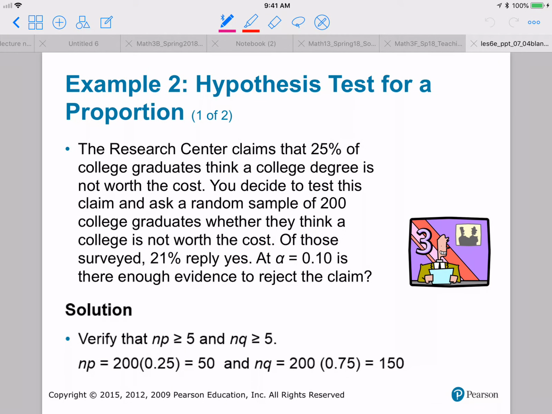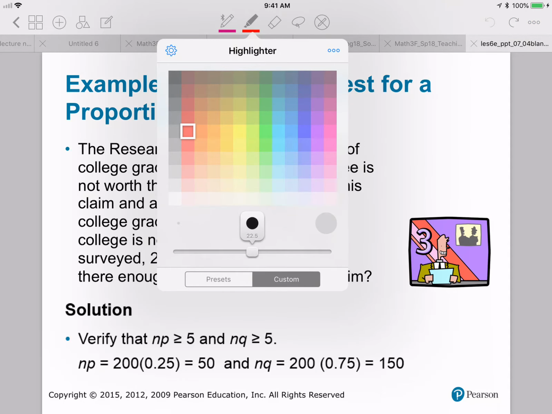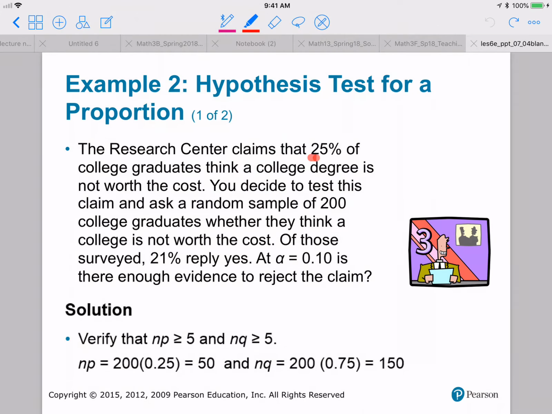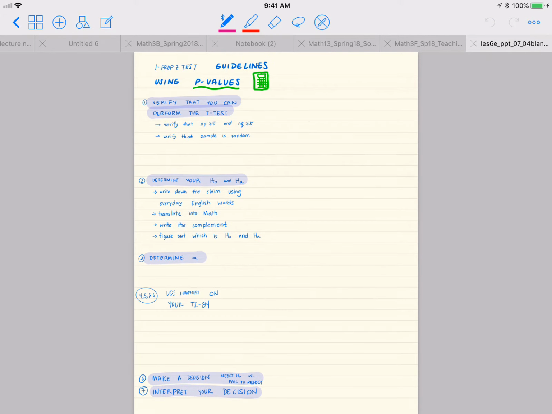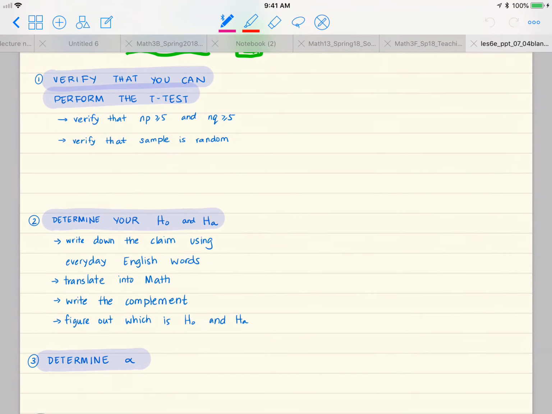So the research center claims that 25% of college graduates think a college degree is not worth the cost. So already the claim is that 25% of college graduates think a college degree is not worth the cost. Ooh, I wonder where they went. So we can start to actually write down our claim.